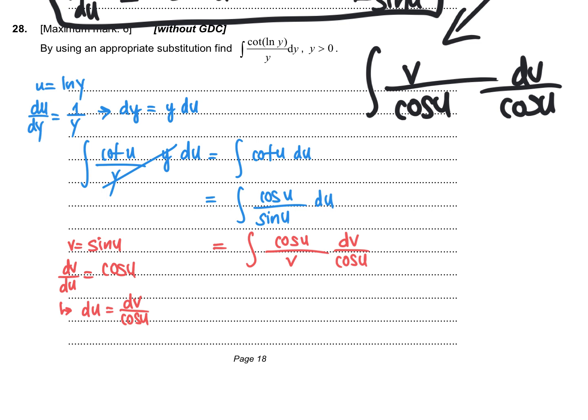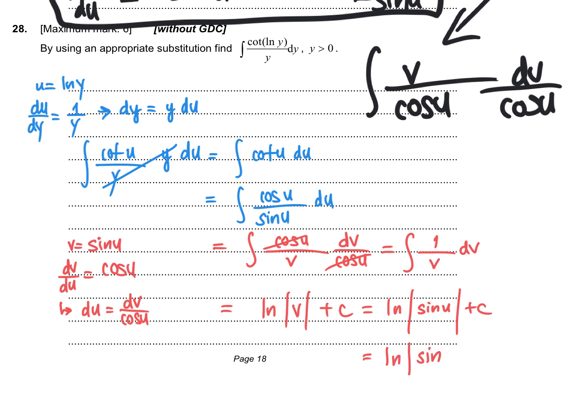So that these cancel, and this is just 1 over v dv. So we have natural log v plus c, and v is sine u, and u is natural log y.